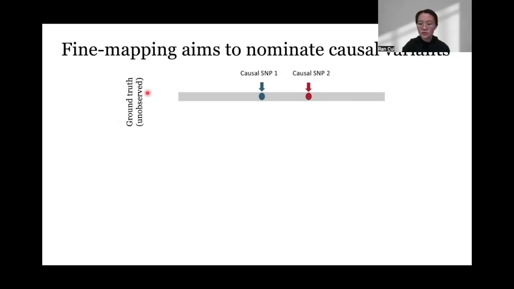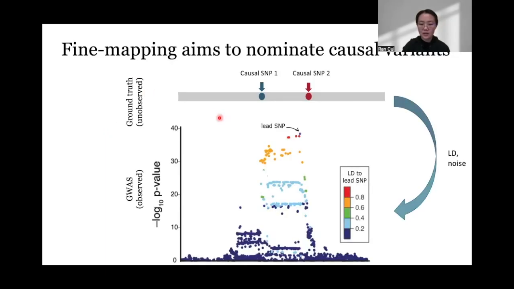And the GWAS result for this region will contain many significant SNPs. But most of these are only significant, like I was saying, because they have non-trivial LD with either or both of the causal SNPs. And fine mapping's aim is to recover this ground truth and identify likely causal variants.